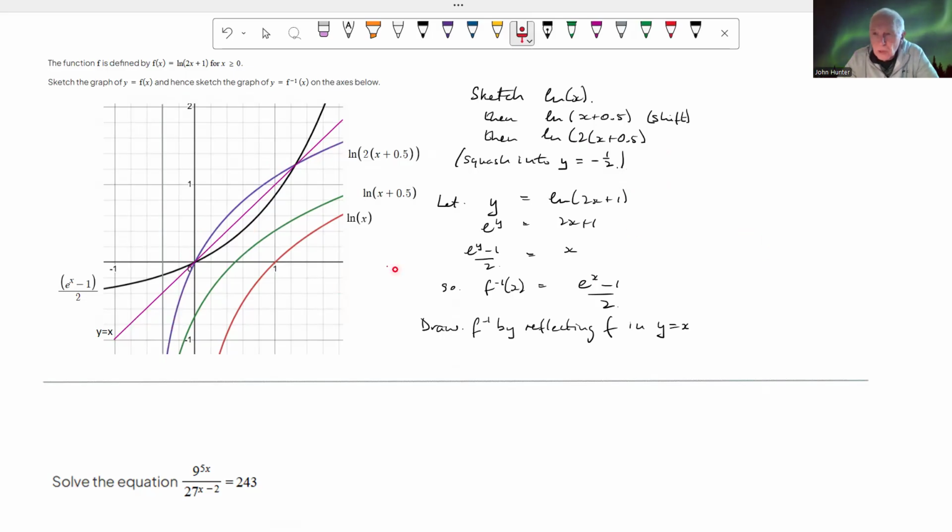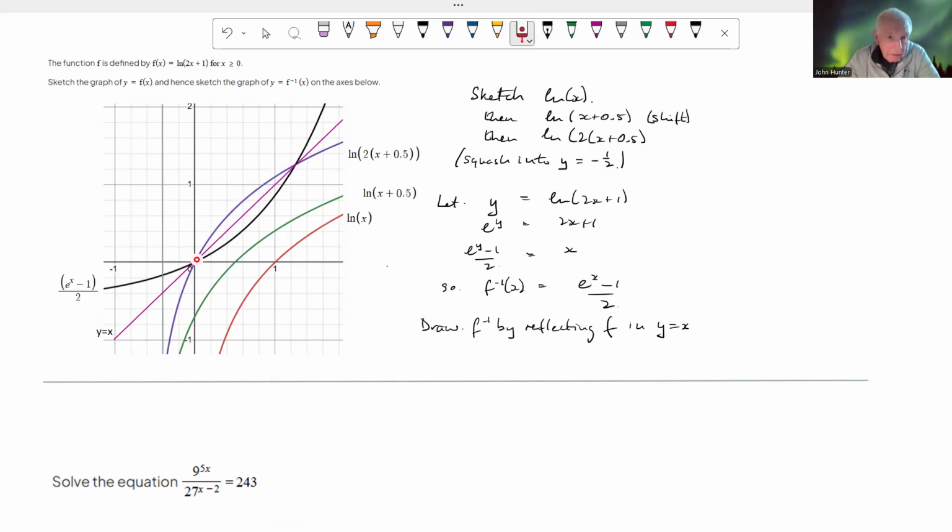Okay, we've actually squashed it. This is really a point for linear transformation of graphs rather than logs per se. So if you're not sure about this, then watch the video on linear transformation of graphs.